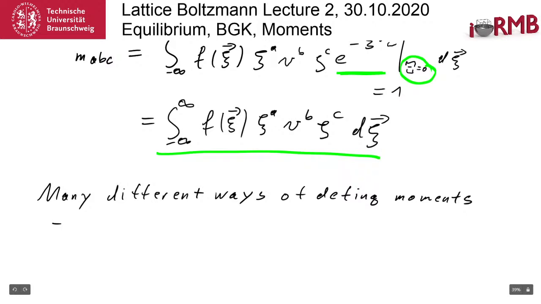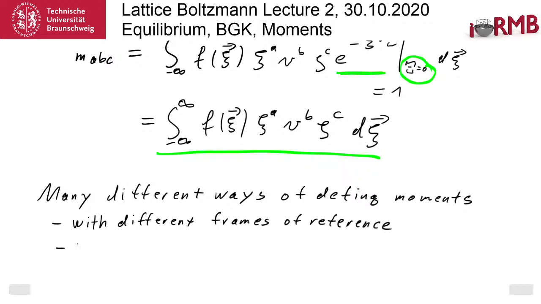Also different opinions by different people. We will address two perspectives now. One is we may have different frames of reference. And we have different orthogonality properties.